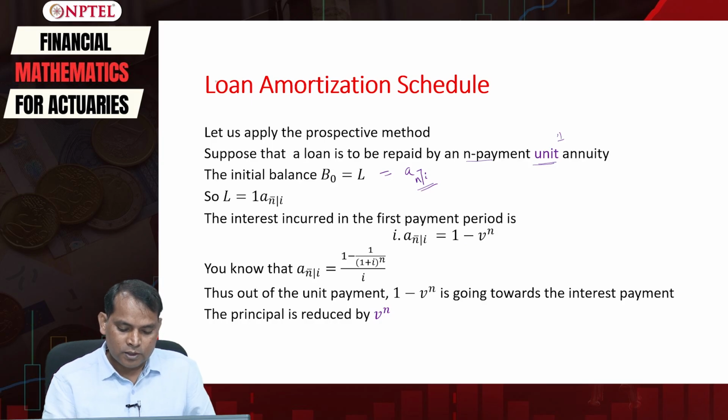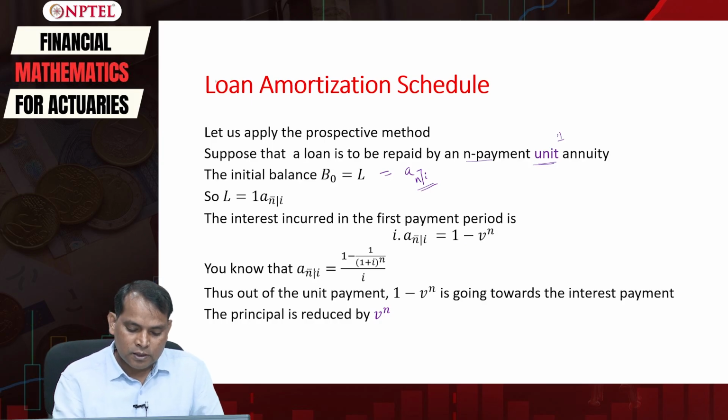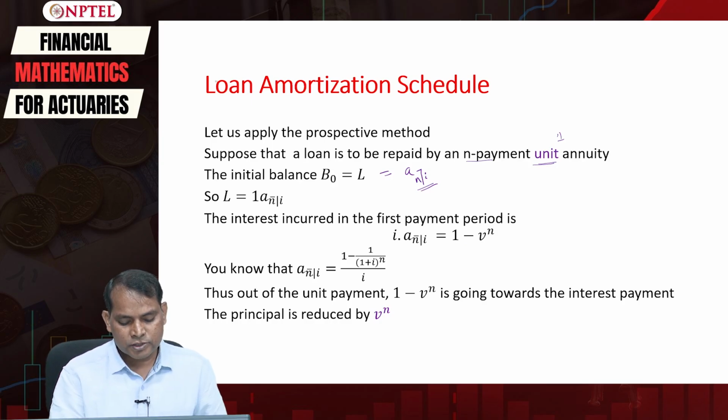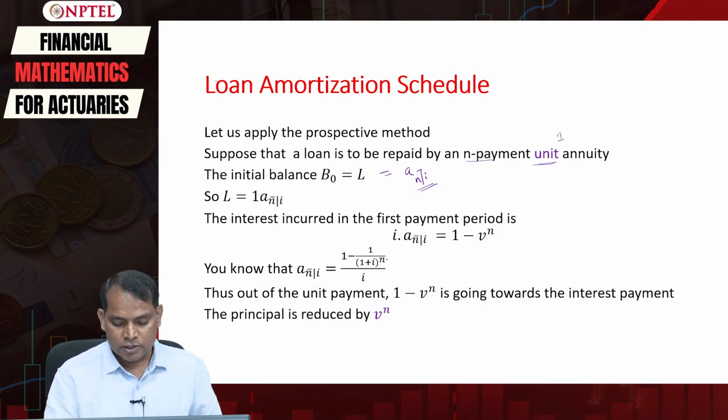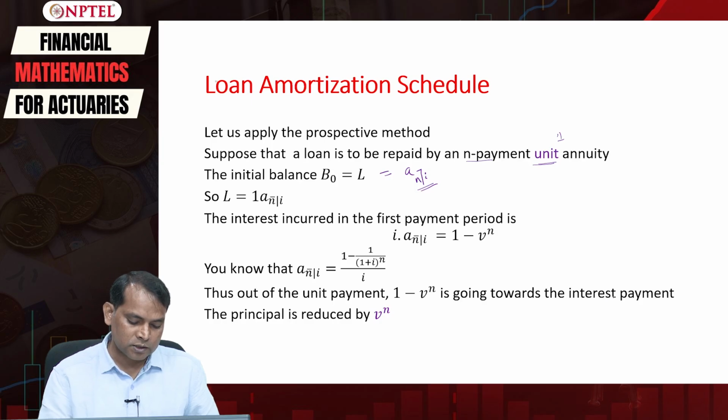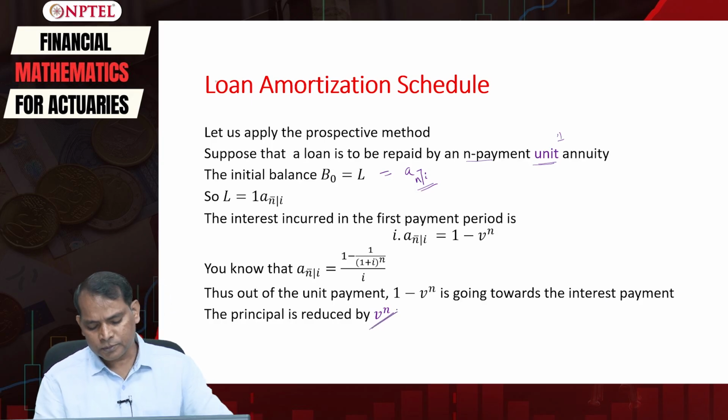We know that the present value interest factor for an annuity, given n time periods and interest rate i, is nothing but 1 minus 1 upon (1 + i) to the power n, divided by i. Thus, out of the unit payment, 1 minus v to the power n is going towards the interest payment and the principal is reduced by v to the power n.